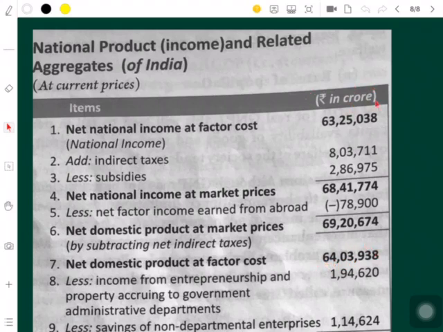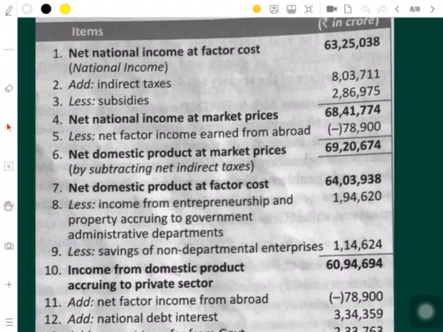It is in crores here. Okay. Less income from entrepreneurship and property accruing to government administrative departments from the income method will be this. This much is calculated. Got it?